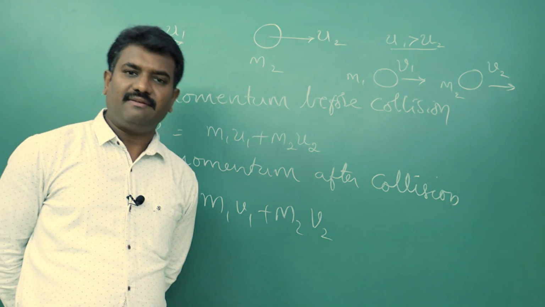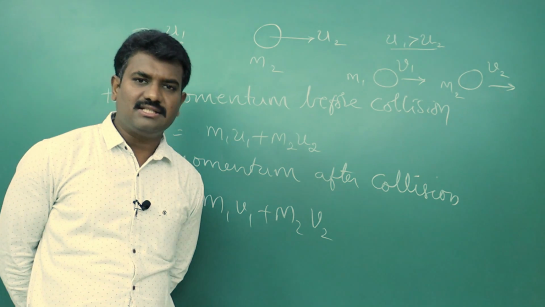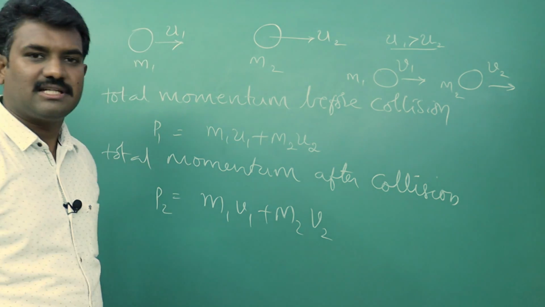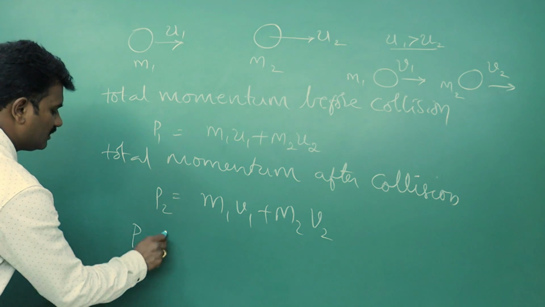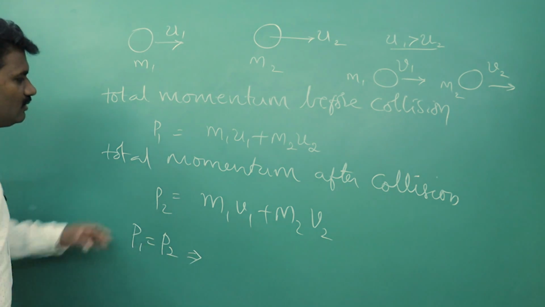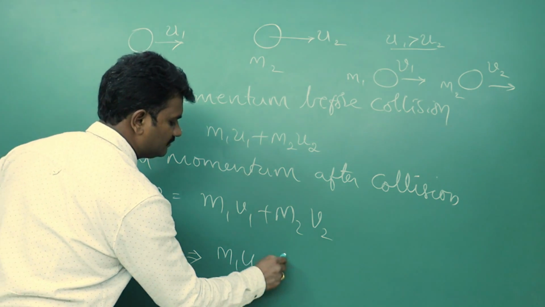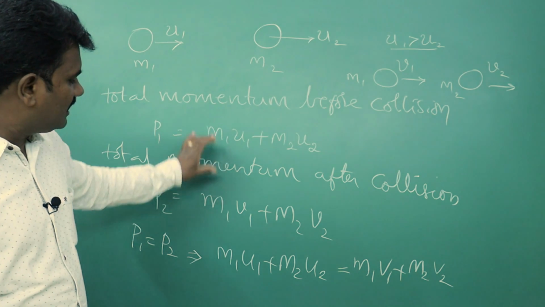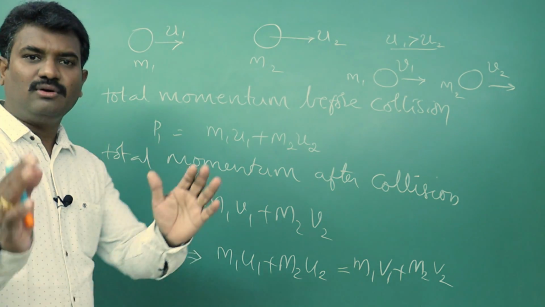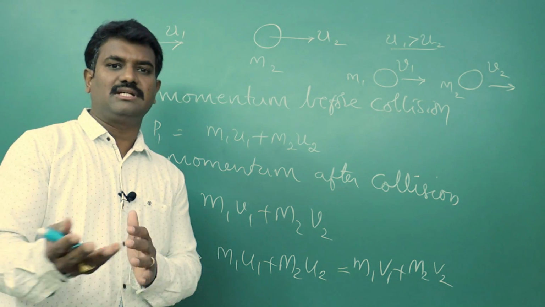As we already defined this as a collision, the momentum must be conserved, means initial momentum must be equal to final momentum. So P1 is equal to P2. So I am going to equate these two. Now m1 u1 plus, so I have just equated this and this. I am going to rearrange these terms, all m1s in one direction, m2s in other direction.